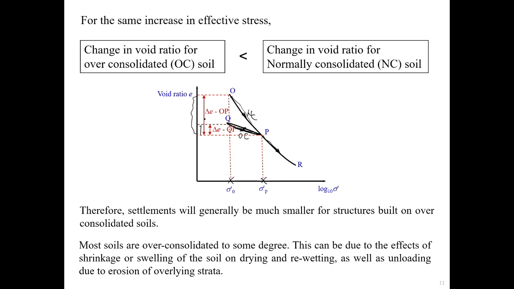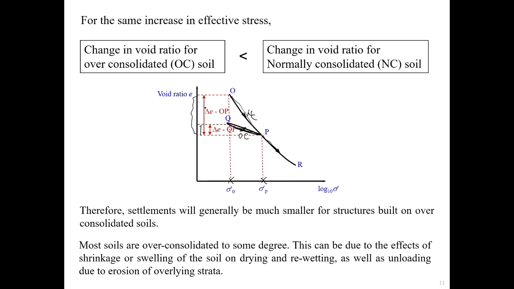So this means in the field, most soils are over-consolidated to some extent, and the settlement will be much less than for the corresponding normally consolidated soil. So the conclusion is settlements will be much smaller for structures built on over-consolidated soil.